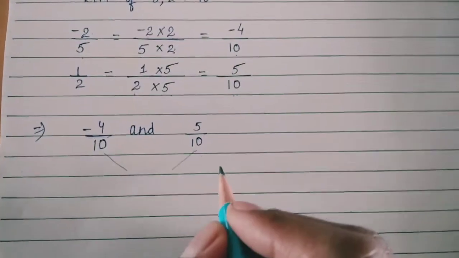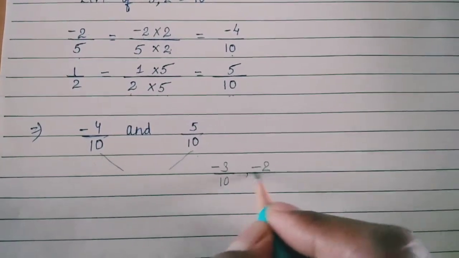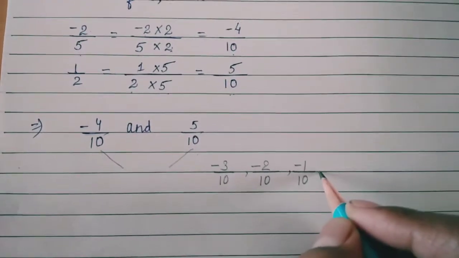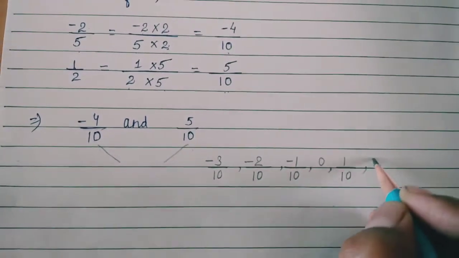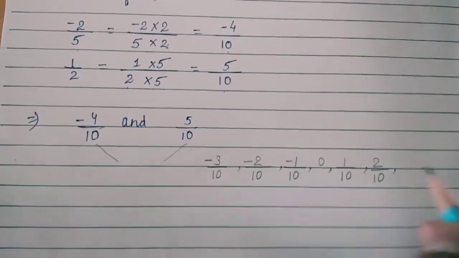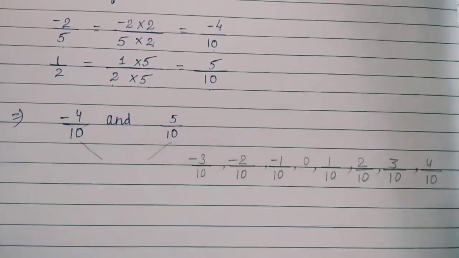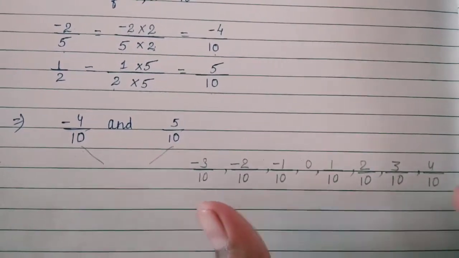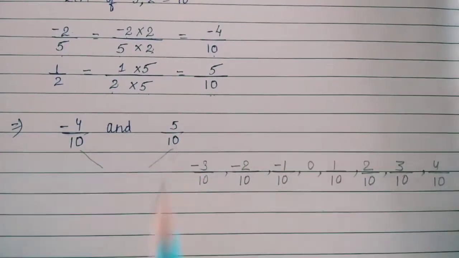So minus 3 upon 10, minus 2 upon 10, minus 1 upon 10, 0, 1 upon 10, 2 upon 10, 3 upon 10 and 4 upon 10. These are the in-between numbers of minus 4 upon 10 and 5 upon 10.